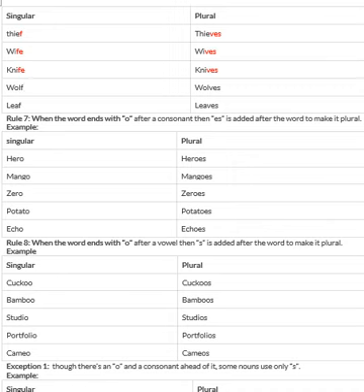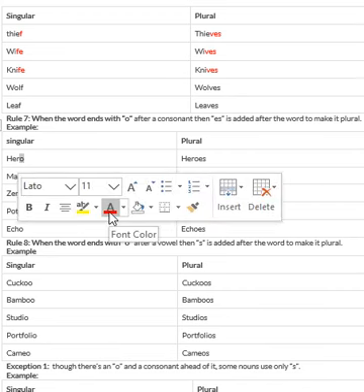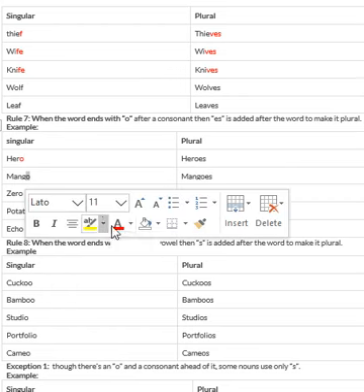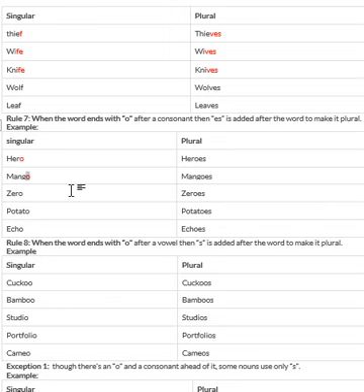these simple rules. When the word ends with O after a consonant, if the word in singular ends with O and before O there is a consonant, we put ES after the word to make it plural.